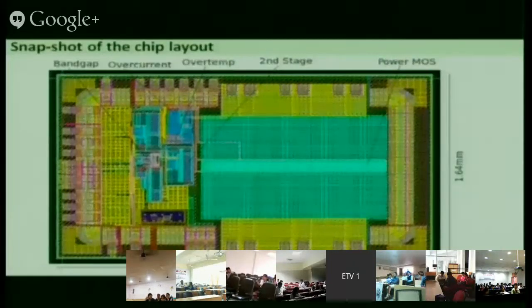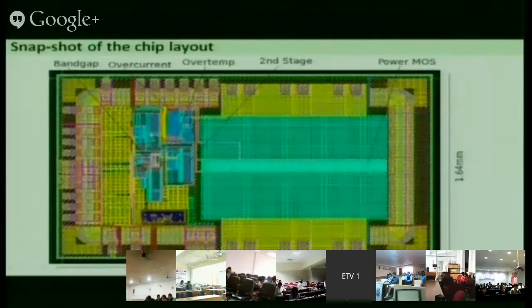These things you are seeing here are the various resistors and capacitors which are used in this circuit. So mainly the control path. Now the over temperature and over current protection circuits all sit here.